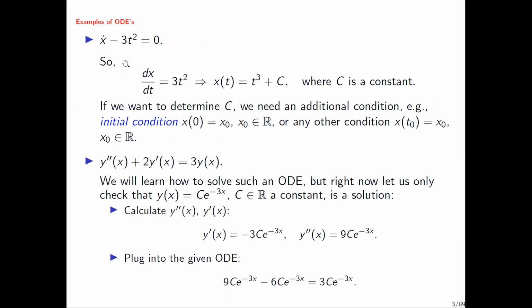Here are a few examples. We've already done the first one: x prime minus 3t squared is 0. So in this case, f of t, x and x prime is this left-hand side, x prime minus 3t squared, and the equation says that it is equal to 0.